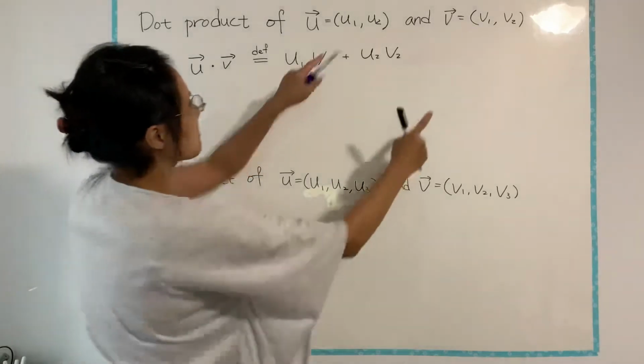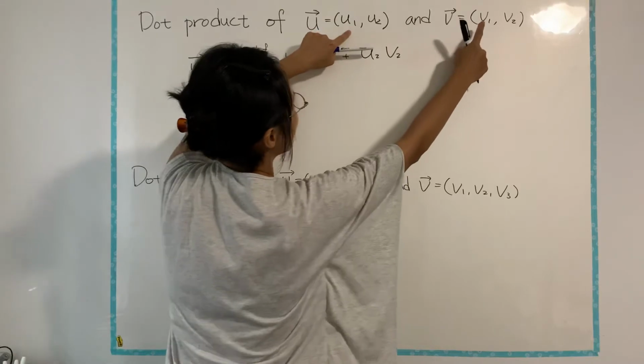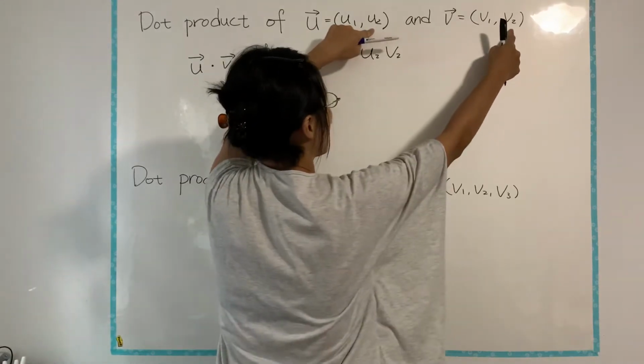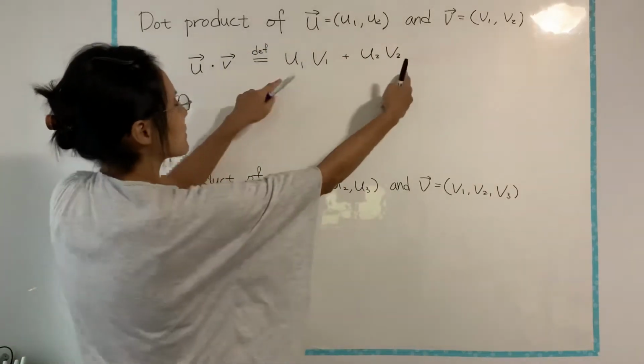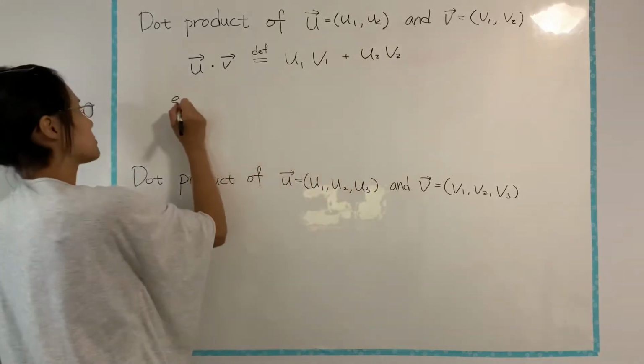So I basically do a sort of multiplication component by component, u1 times v1, then plus u2 times v2. Here you can see on the right hand side, what I get is a number. Let me give an example so that you can see.